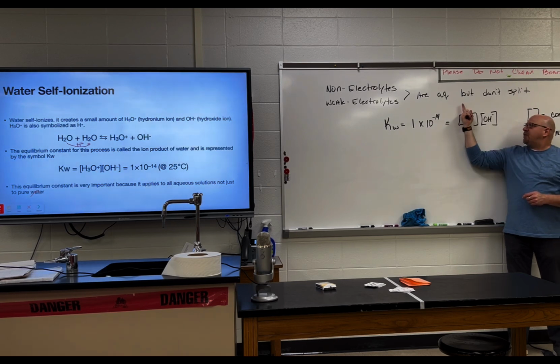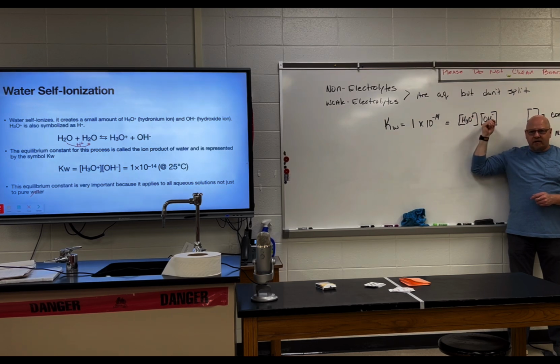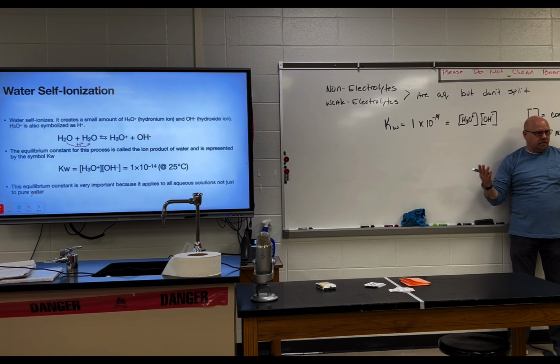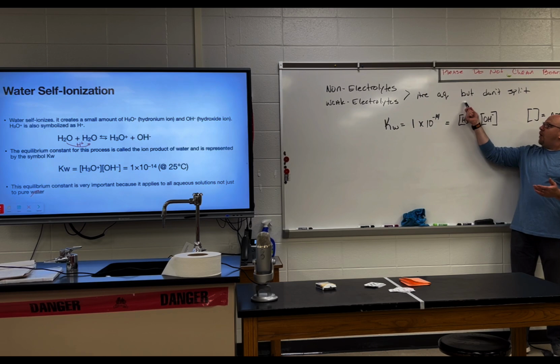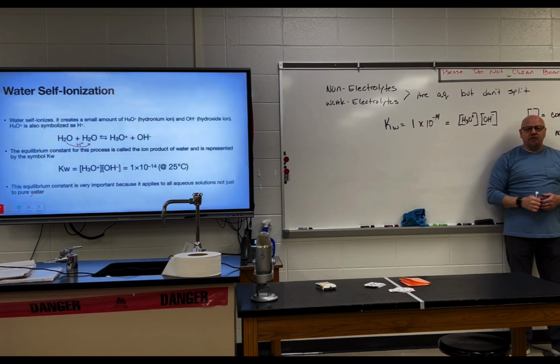If the hydronium goes up, what has to happen to hydroxide? It's got to go down. And now we don't have equals, right? It's no longer what? When these two are equal, it's neutral. If I make this go up and this go down, it's not neutral. It's either going to be acidic or basic.